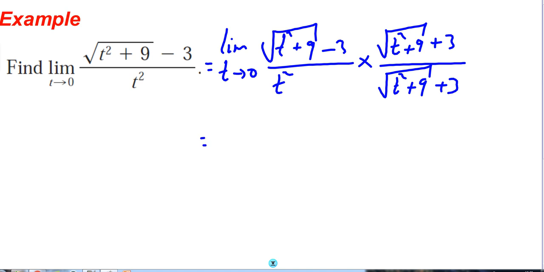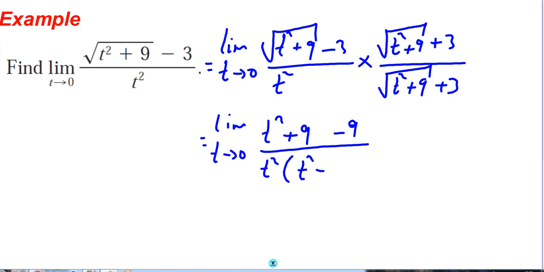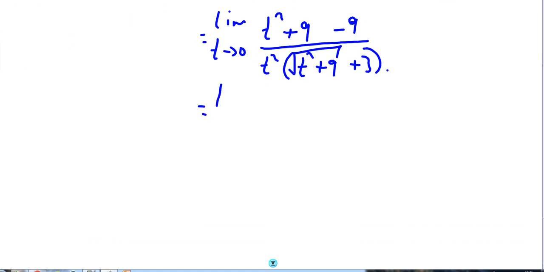Now as t approaches 0, the numerator will just give us the square root of t squared plus 9, squared, minus 9, which is t squared plus 9 minus 9, divided by, the denominator is t squared times the square root of t squared plus 9 plus 3, which gives us the limit as t approaches 0 of t squared divided by t squared times the square root of t squared plus 9 plus 3.